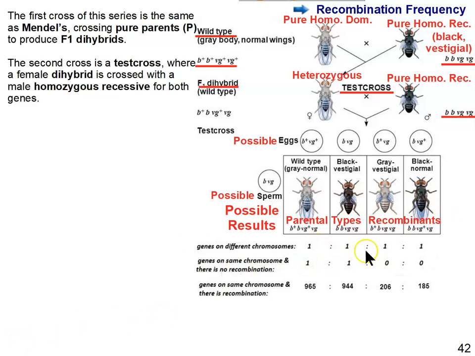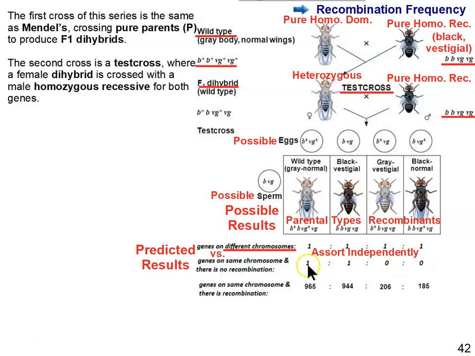So what we have down here are predicted results, these 2 rows here. Predicted results, the first one being if these genes are on a different chromosome. In other words, they assort completely independently, then we would expect to see an equal representation. In other words, 1/4, 1/4, 1/4, 1/4 of these 4 different possible phenotypes, both the parental and the recombinants. So 1 to 1 to 1 to 1 is what we would predict if these genes are assorting completely independently or on a different chromosome.